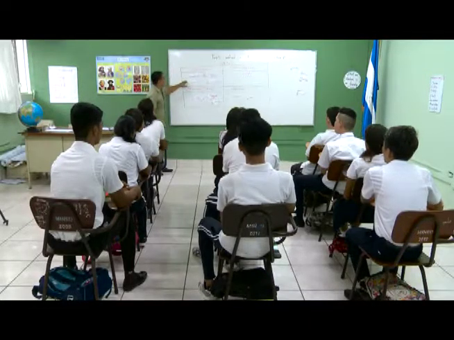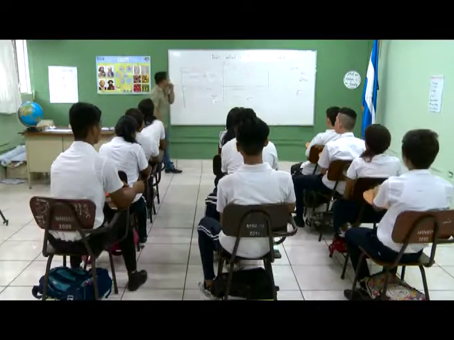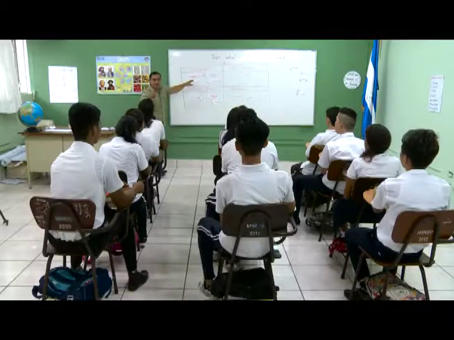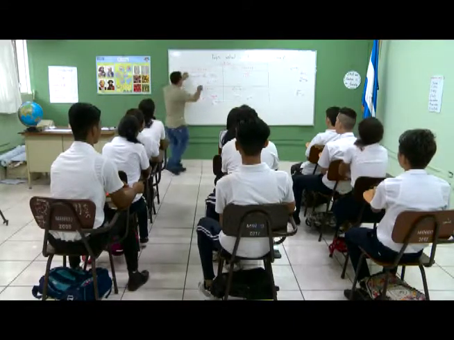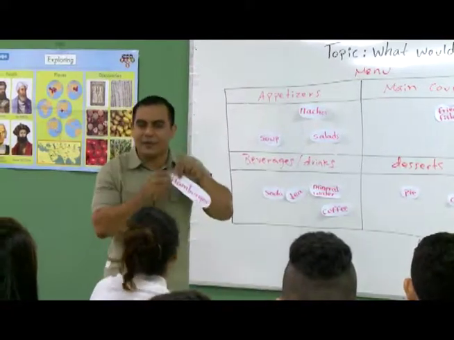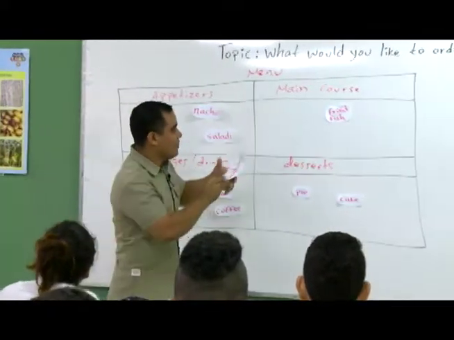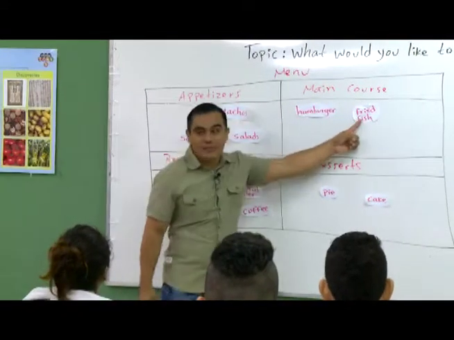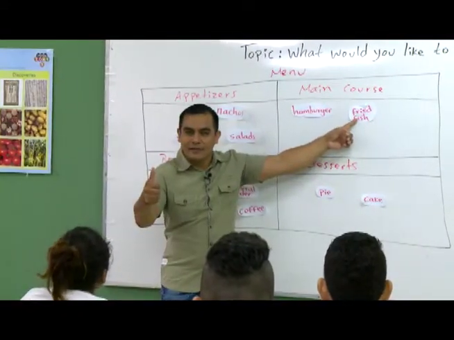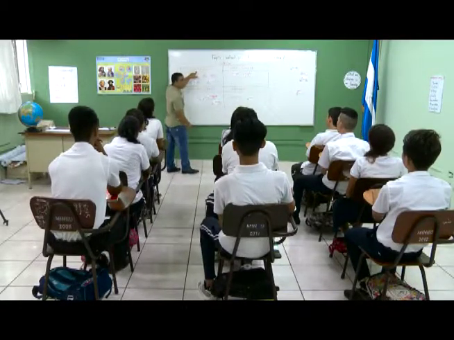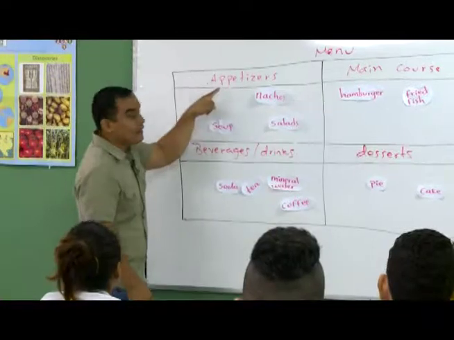Okay, let me check this. Appetizers. Hamburger. Is this fine or not? No. A hamburger is what? Ah, okay, main course. Fried fish? Yes, good. Nachos? Yes. Salads?